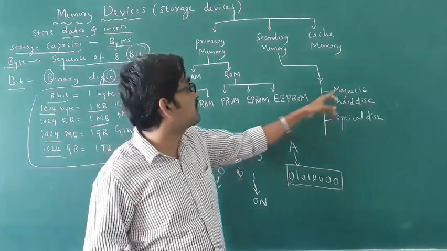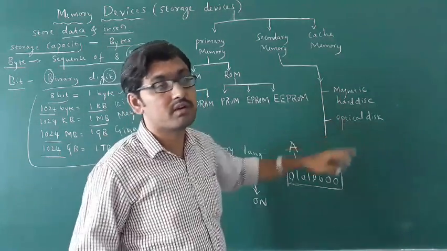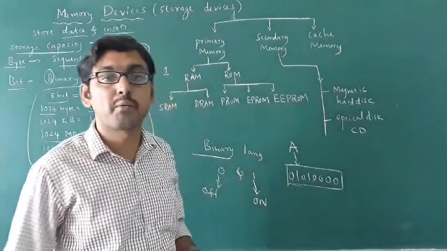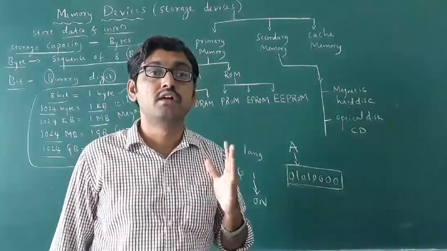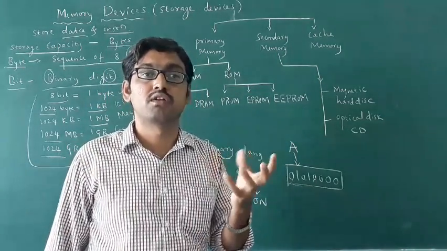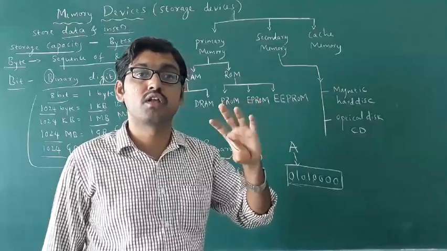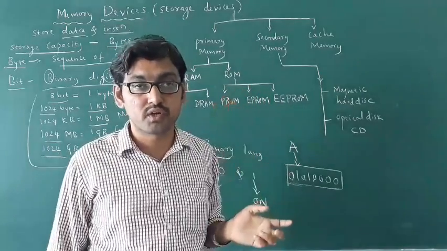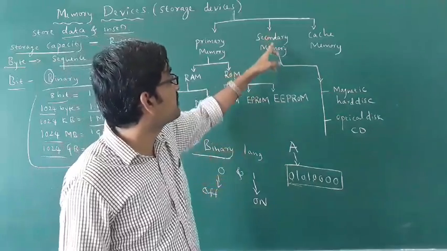That is nothing but magnetic disk. Then the optical disk example is a CD, which stands for compact disk. You have already seen a CD, it is optical and circular. Here also you can store data. These are the examples for secondary memory.